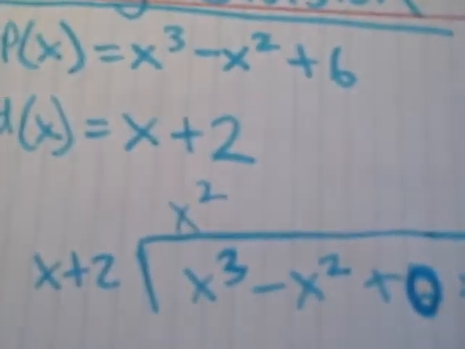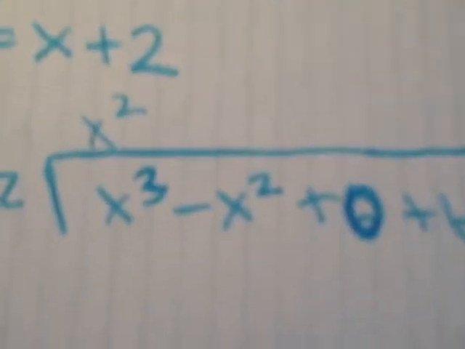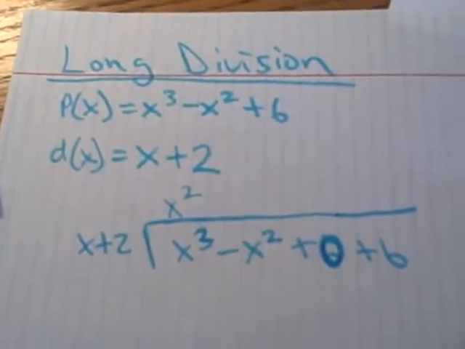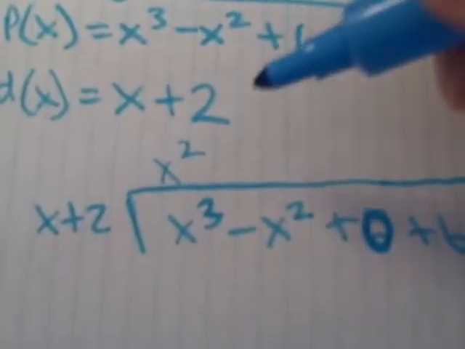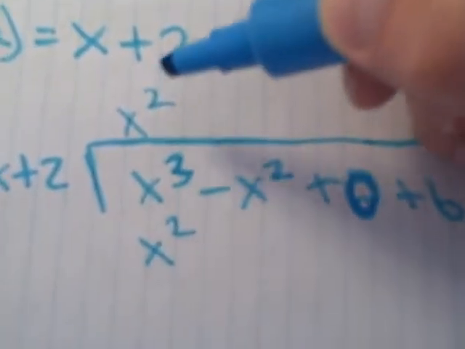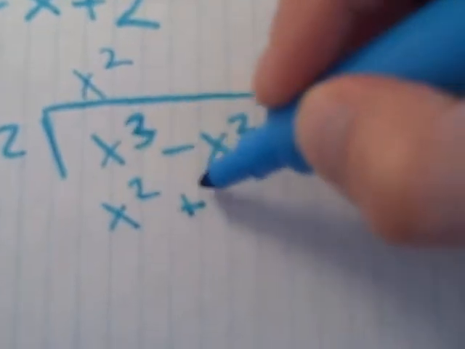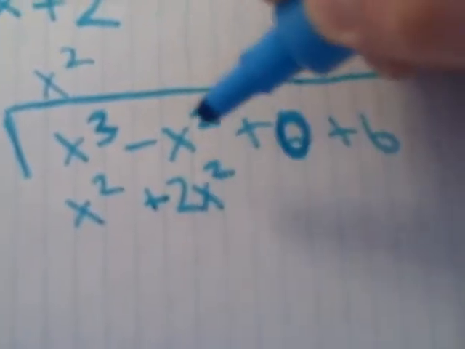And that's how we did it for synthetic division. So back to the long division problem. So x squared times x would be x cubed. x squared times 2 would be plus 2x squared.